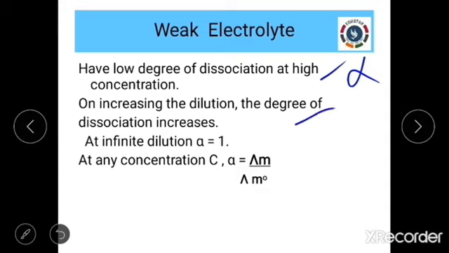At infinite dilution, which we can't achieve very easily, alpha will become 1. At any concentration, the alpha is equal to molar conductivity divided by limiting molar conductivity. Okay, this is the formula you have to remember for a weak electrolyte.